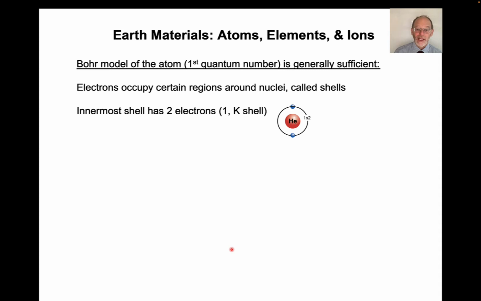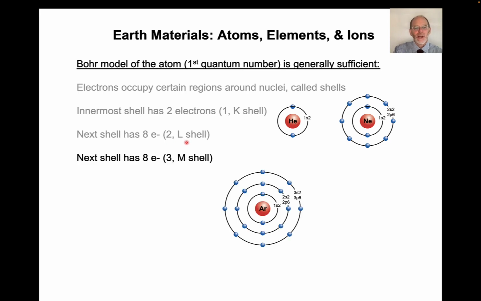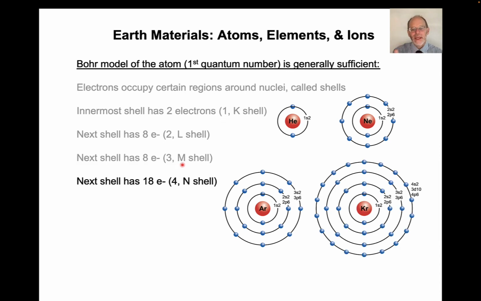The innermost shell has 2 electrons, so it's labeled number 1, or by convention it's called the K shell. The next shell has 8 electrons, and that's shell number 2, called the L shell. The next one also has 8 electrons, shell number 3, quantum number 3, labeled the M shell. The next one has 18 for the N shell, and it goes up from there.